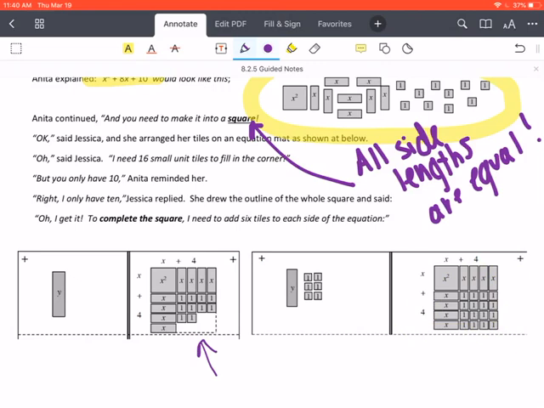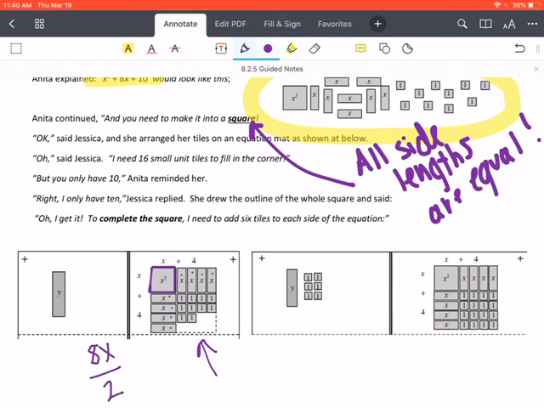If you notice, Jessica had to place her 1 x squared tile in the corner, and then because she had 8x rectangles, to make a perfect square, she had to place an equal number as the length and as the width. So she took the 8x and divided it by 2.